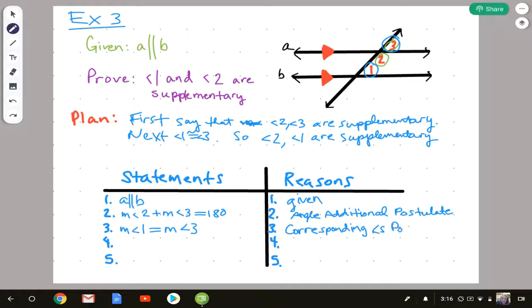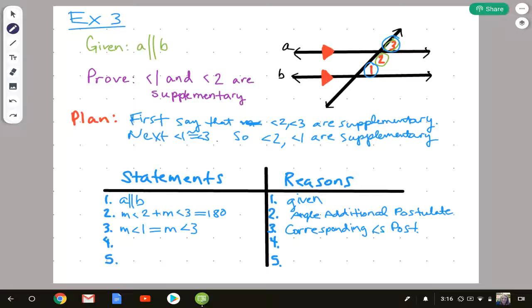Now you can start to abbreviate a little bit. You could put CORR period and then the angles postulates, because after a while it gets hard sometimes to write all this in. So just make sure your abbreviations are something that I will understand.